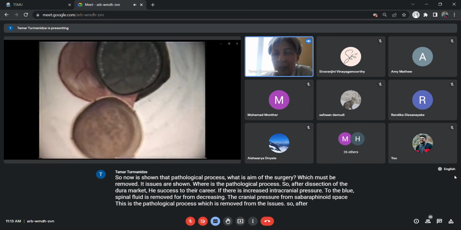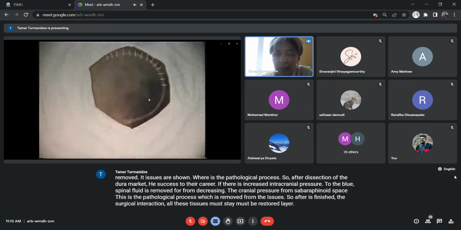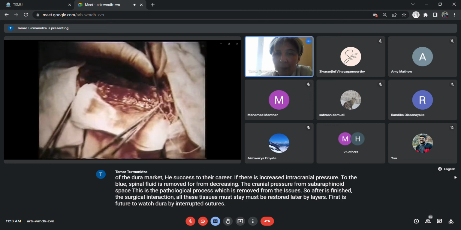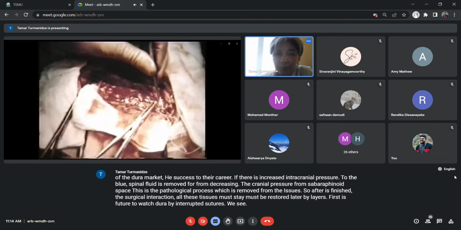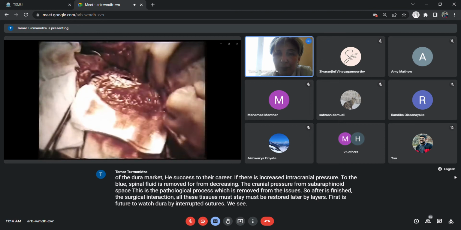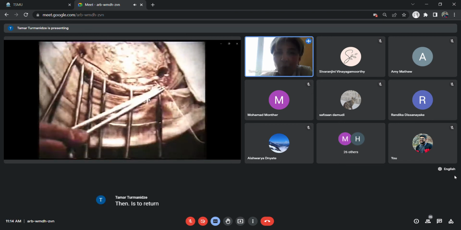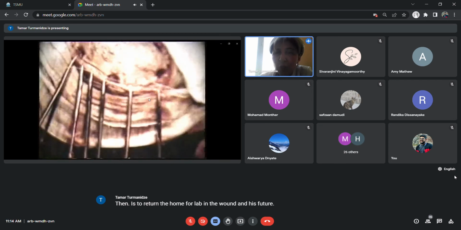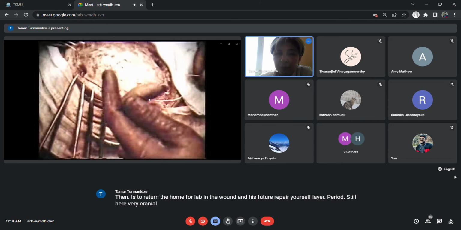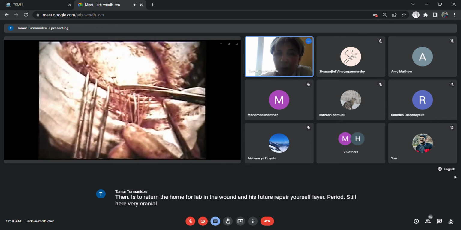So after the surgical intervention is finished, all these tissues must be restored layer by layer. First the dura is sutured by interrupted sutures. Then the bone flap is returned into the wound and the periosteal layer, pericranium, is sutured.